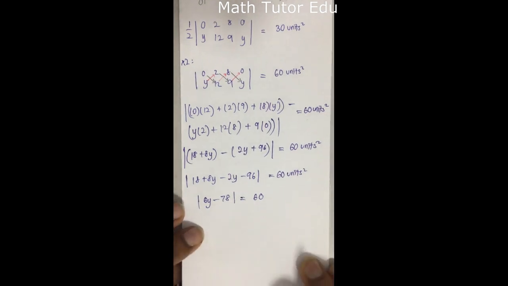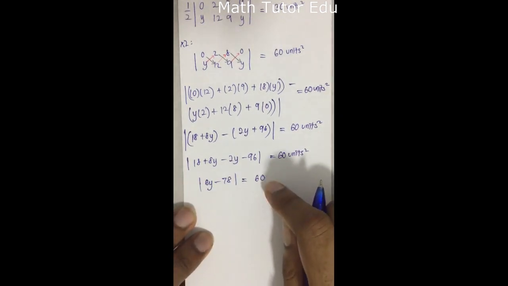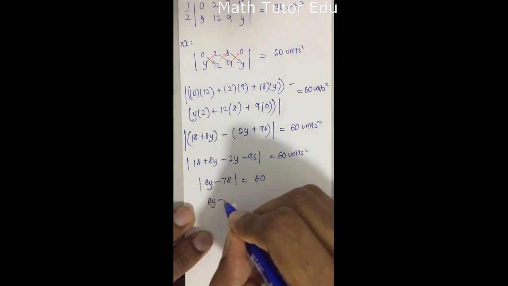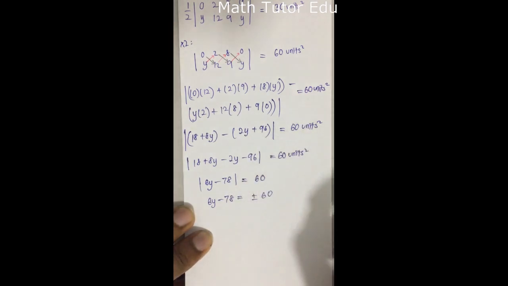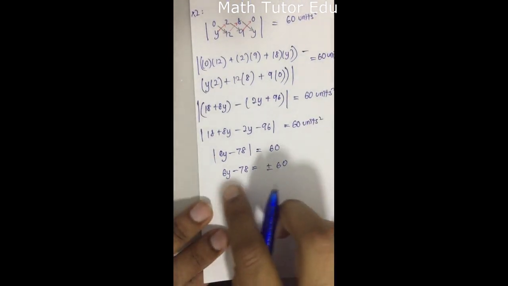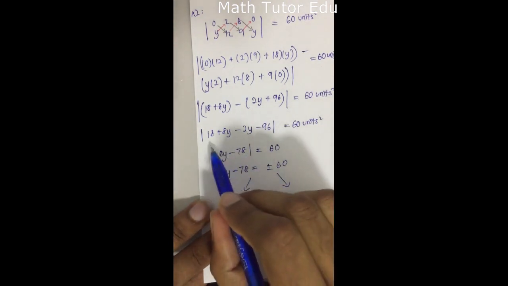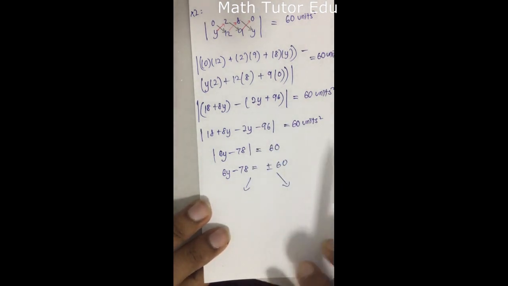Okay, so from here the modulus we're going to move it to the right hand side of the equation. So from here 6y minus 78 will be equals to plus minus 60. Okay, and from here we're going to have two possible answers, because anything in a modulus, whether you have positive or negative input, it will result in a positive output.